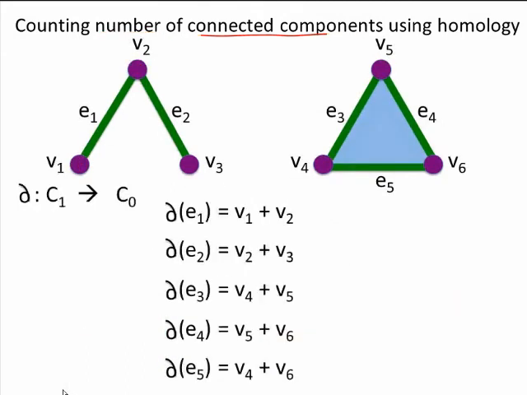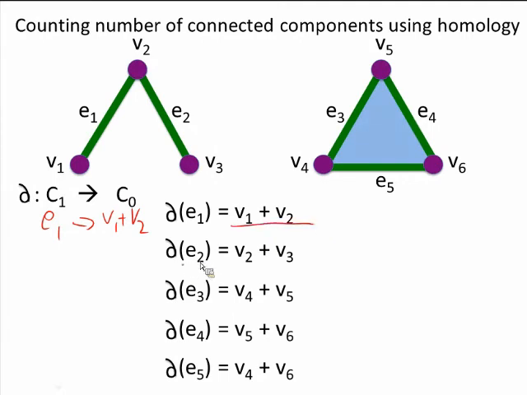So in our boundary map, we said that we had boundary of E1 was V1 plus V2. So that's actually telling me my map. It's telling me that E1 gets sent to V1 plus V2. So the image underneath my boundary map of E1 is just its boundary, which is V1 plus V2.